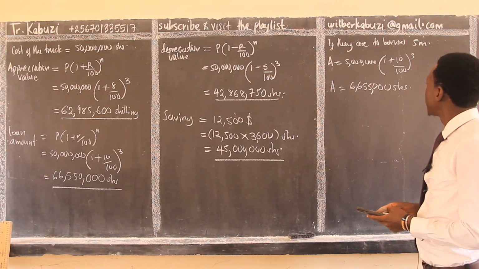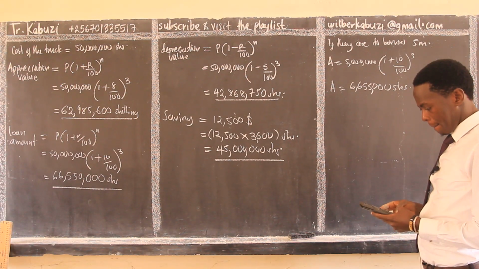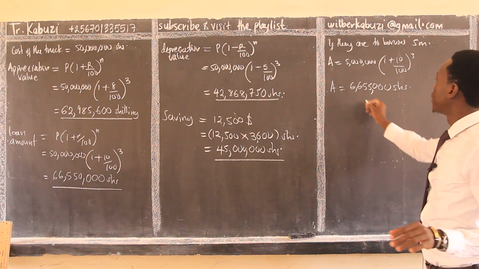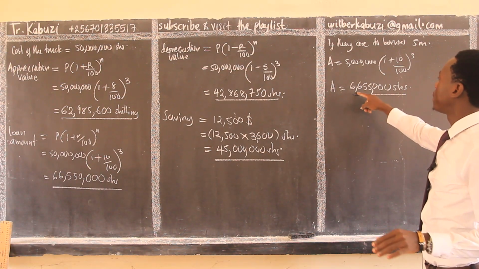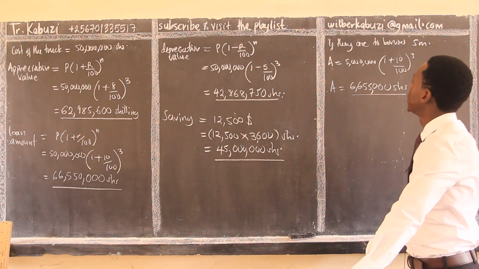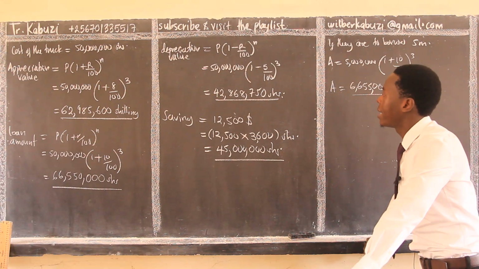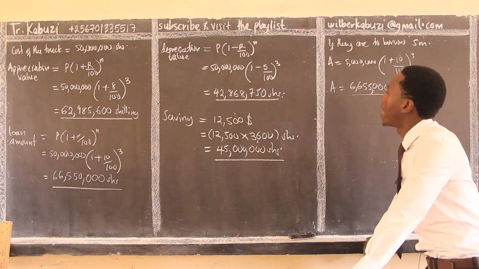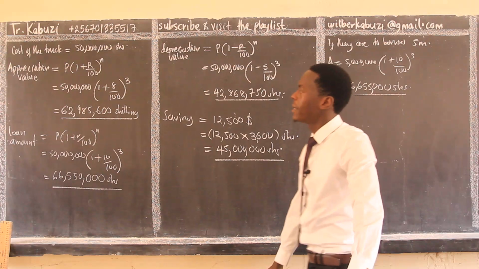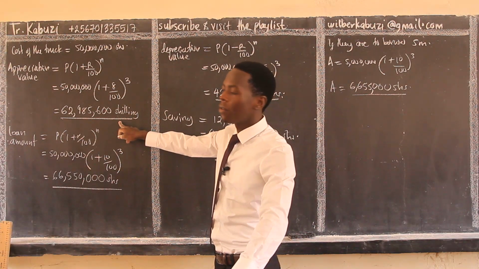Now you see that if they borrow, they will just pay an excess of 1 million 600 plus something. So what would be the idea there if they are to borrow and use this? For me, I think the best idea, because if they were to wait for the appreciation, they will pay an excess of 12 millions.